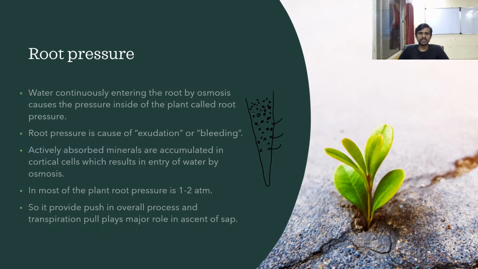So because of that, there is more water inside of the root of a plant, and this cell which is at the edge of the plant root does not allow water to move out of the body, so the water automatically moves toward the second option, which is the upper side of a plant. Okay, so the root pressure is a cause of the exudation or the bleeding.